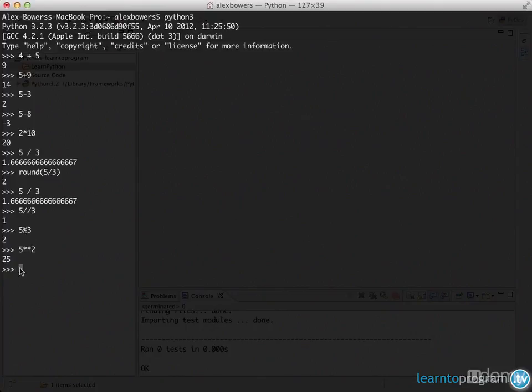Those last 3 are rarer to be used. You don't need them as often. However, it's good to be aware that they exist because you will be using them occasionally, depending on what sort of application you're building. The most common of those 3 is probably the exponential, which you'll be using later on in one of the lab exercises. So thank you for watching, and I will see you in the next video.